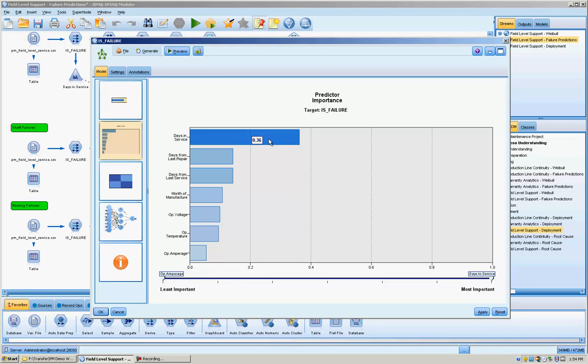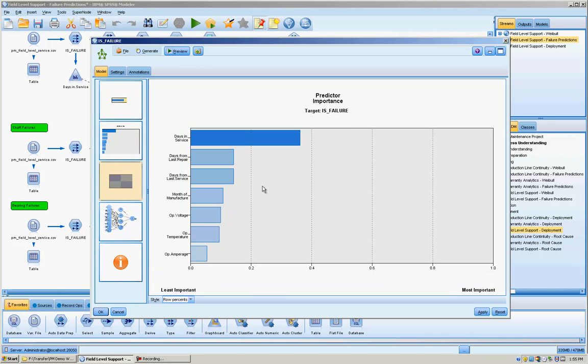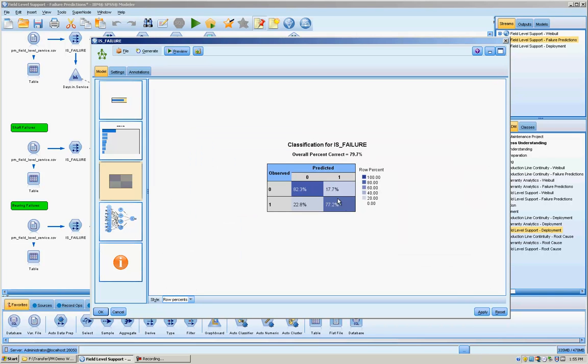And again, days of service is very important. And then the service history being the second most important, and then third being the month of manufacture. Again, with the neural networks, we're able to create a nearly 80% accurate model and being able to predict equipment failures.